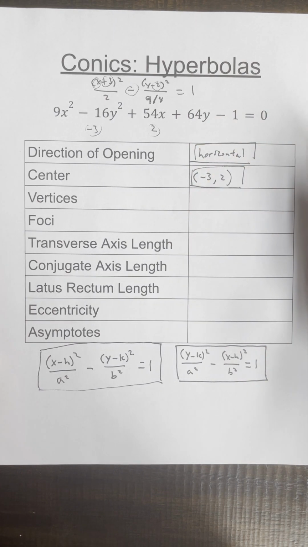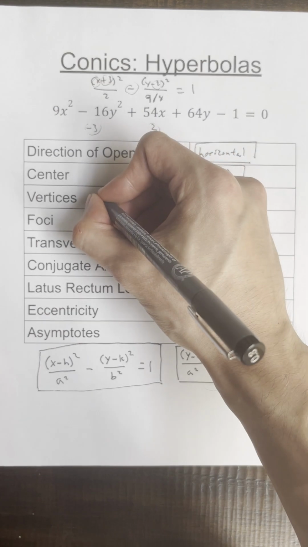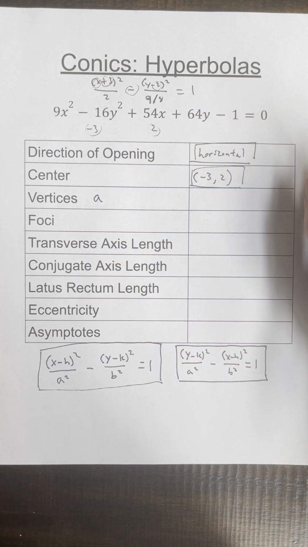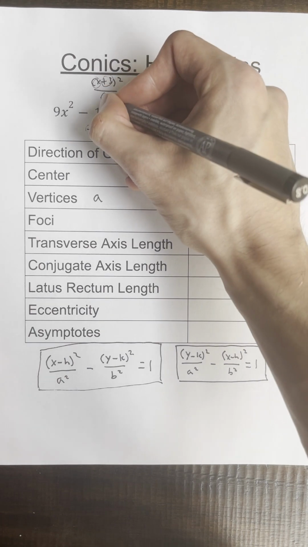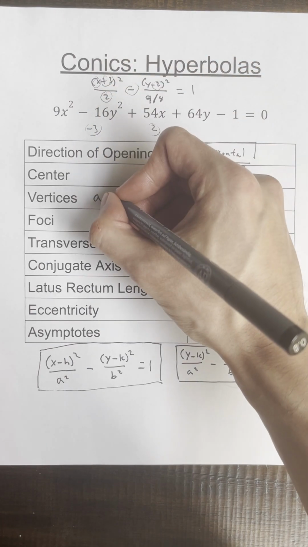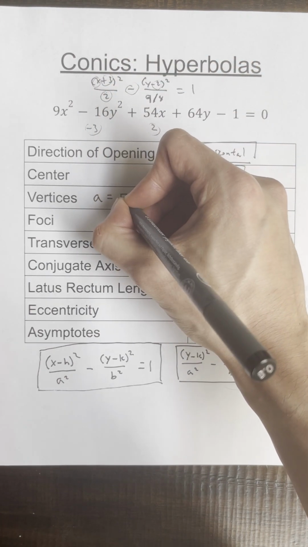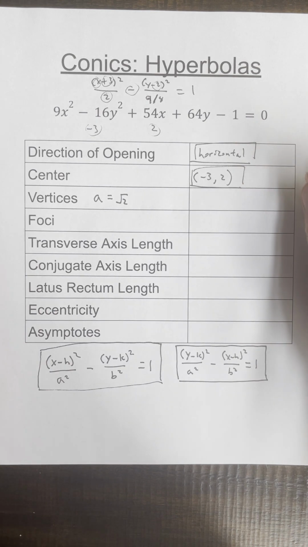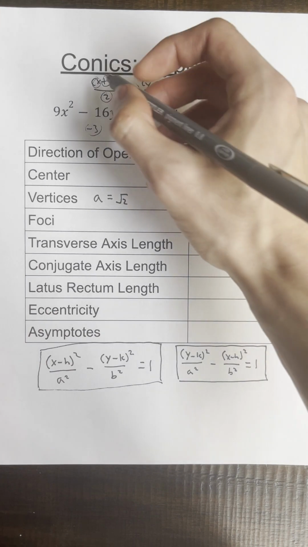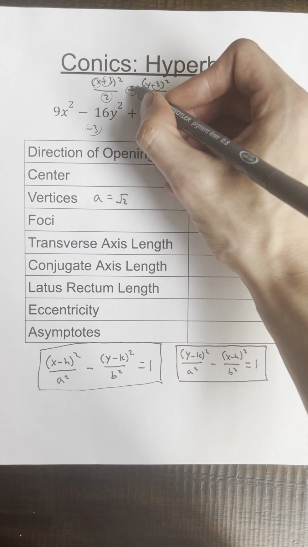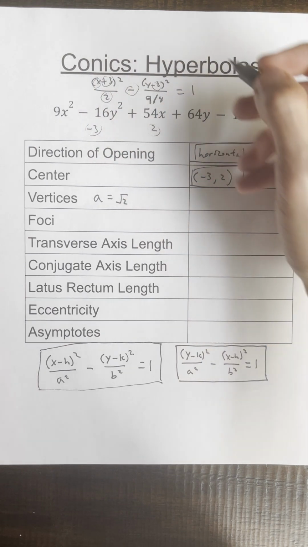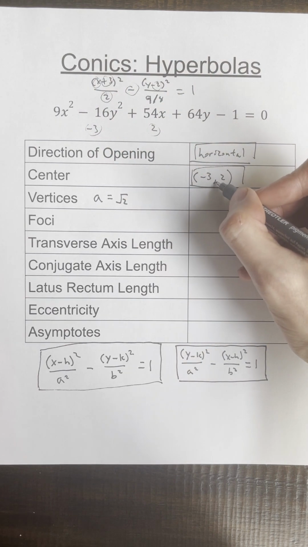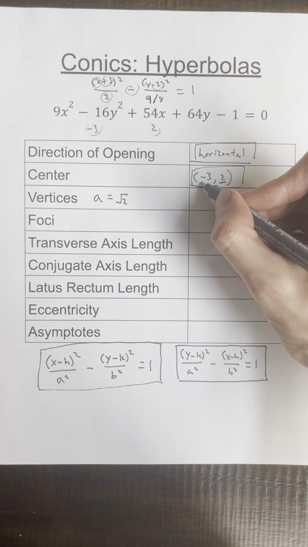How do we find the vertices? So we need to find a, and how did we find a again? It's the square root of this number. So √2. Okay, and since x is in front of the negative sign, are we going to be changing x, or are we going to be changing y?